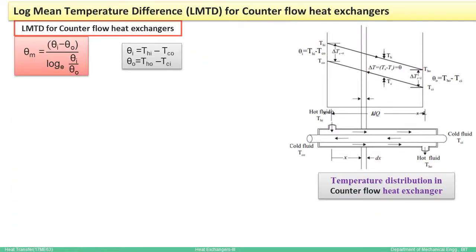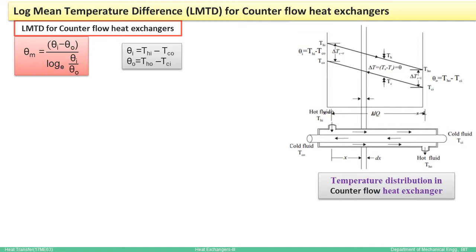And there is a situation which may arise here because of this condition. Remember, in case of a parallel flow heat exchanger, theta i can never be equal to theta o.